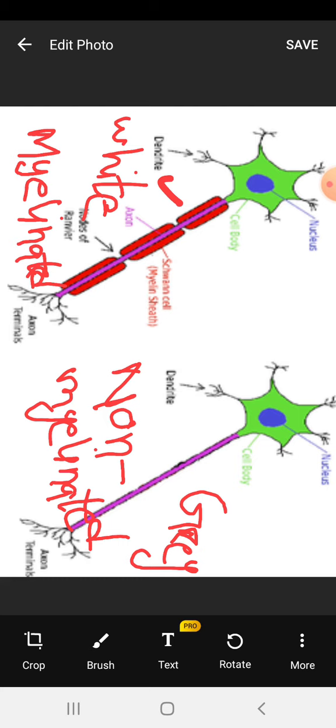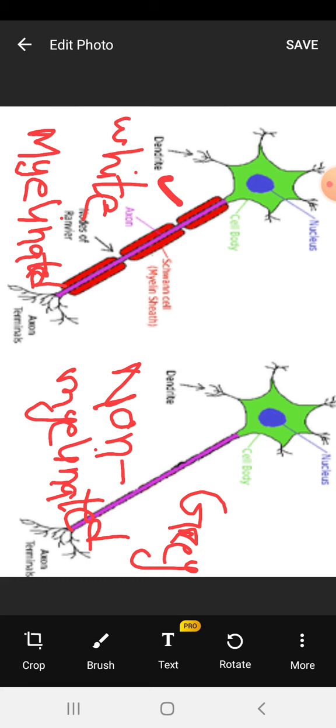Syncytial means a multinucleated structure of Schwann cells with scattered nuclei, and the autonomic ganglia possess these types of axons. So an example is the autonomic ganglia. In this case the myelin sheath is absent, and the axon is surrounded by the syncytial sheath of Schwann cells, that means a multinucleated structure with scattered nuclei.